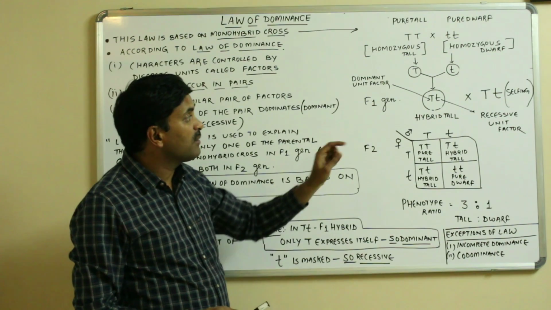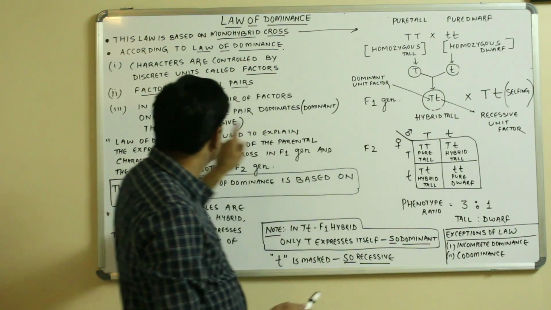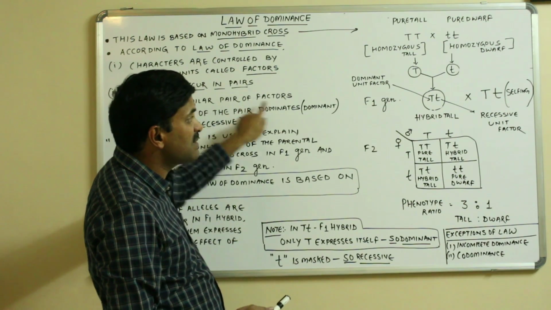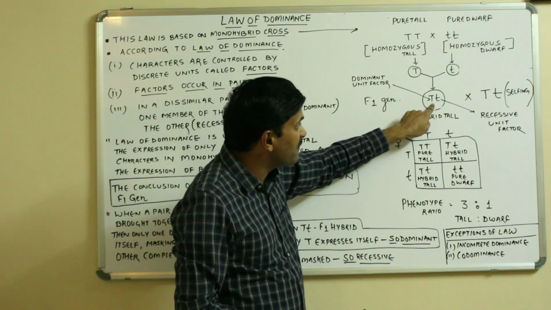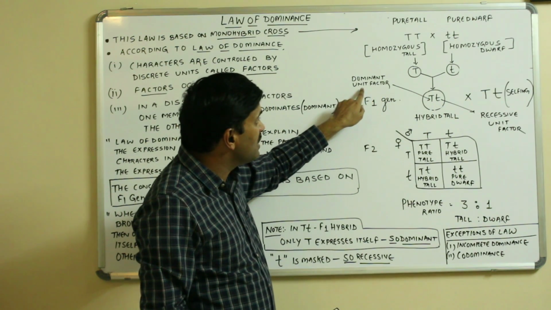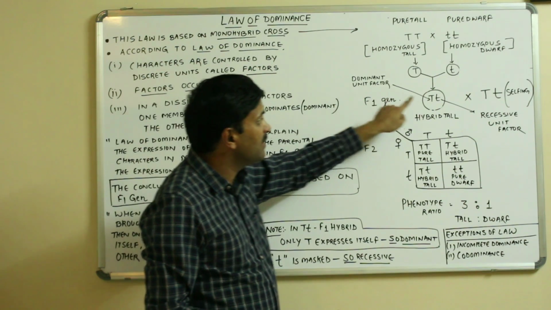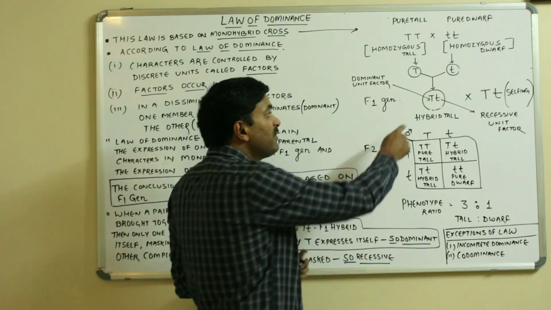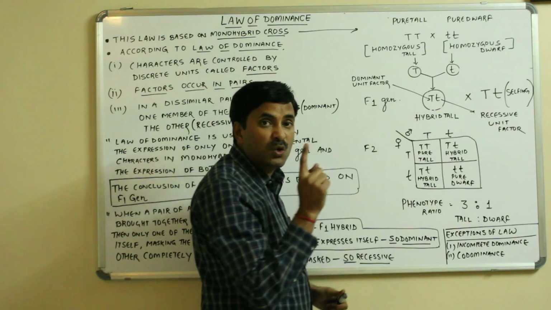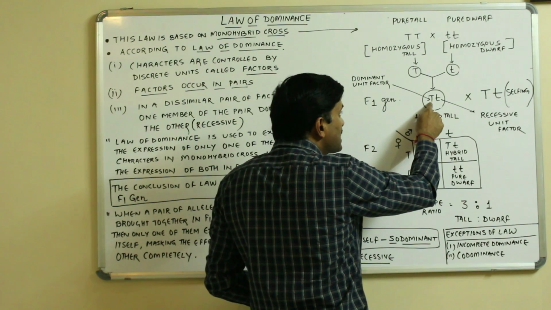Why are they hybrid tall? Because this is a pair of dissimilar factors. In this dissimilar pair, there is a dominant unit factor: capital T is the dominant unit factor, and small t is the recessive unit factor. But why have we written hybrid tall? Because the law of dominance says that out of this pair only one expresses.